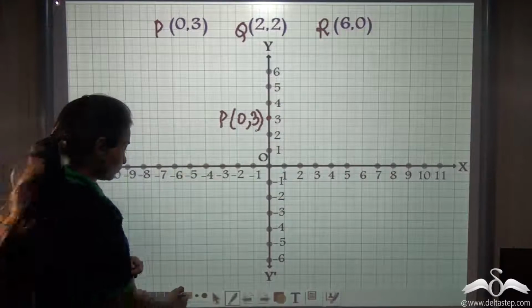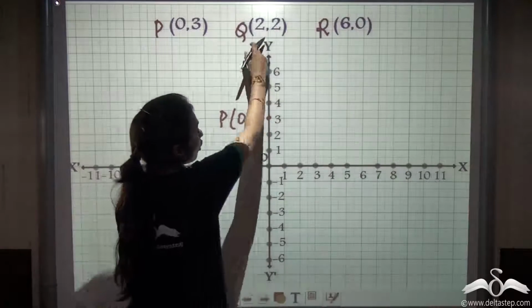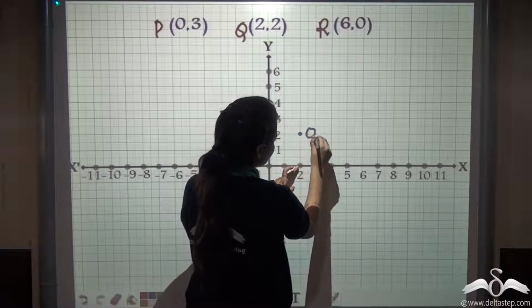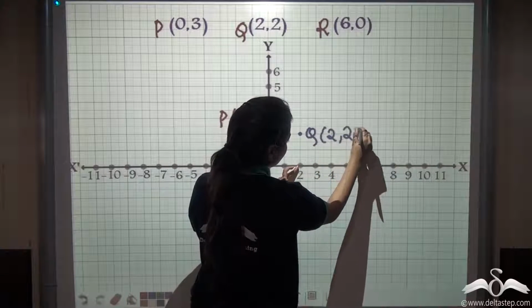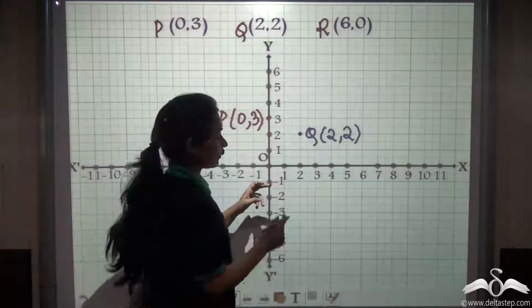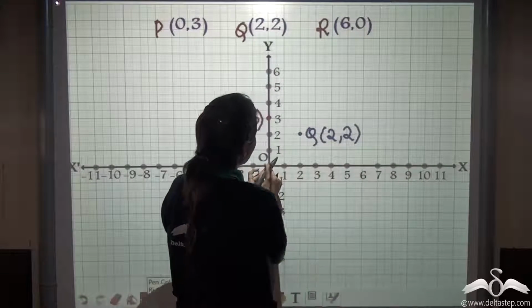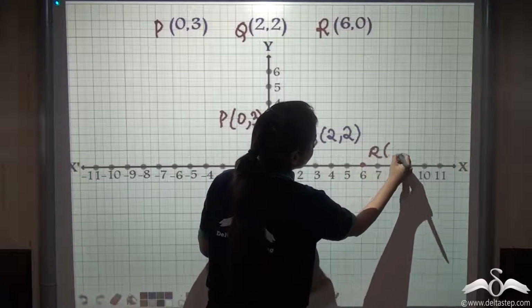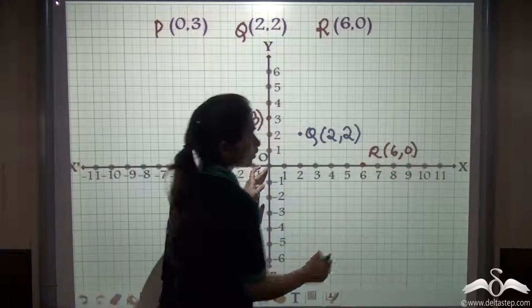Now plot Q, (2, 2). That is 2 on the x-axis and 2 on the y-axis. Similarly, R, (6, 0). That means 6 on the x-axis and 0 on the y-axis. So we get this.